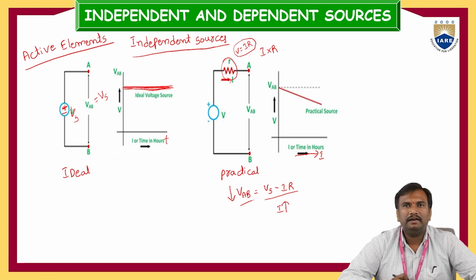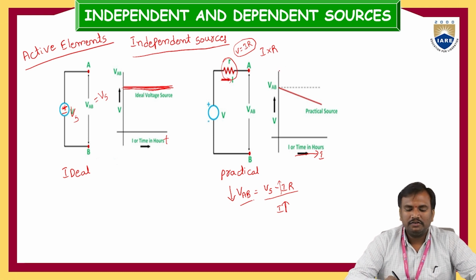When the I value increases, the VAB value will decrease.